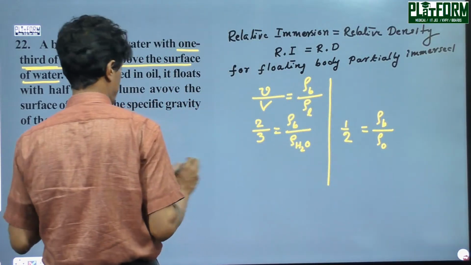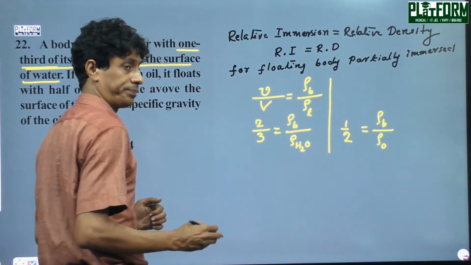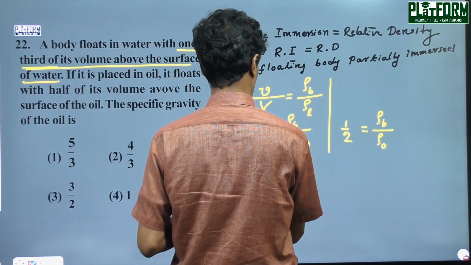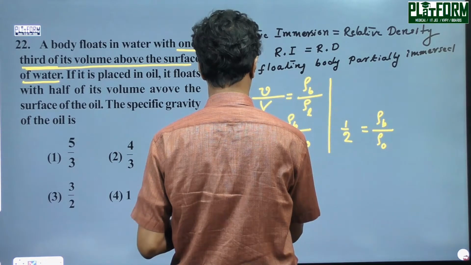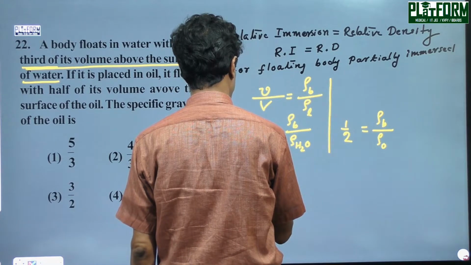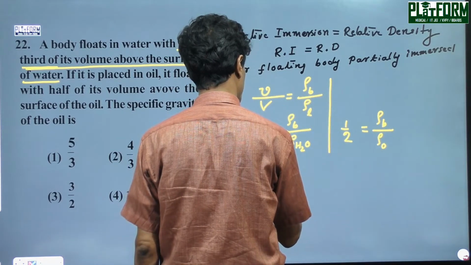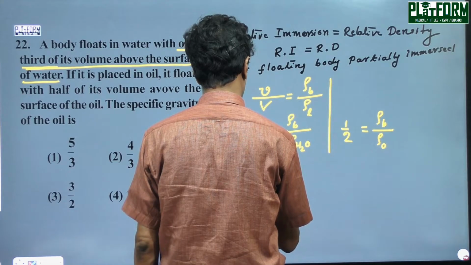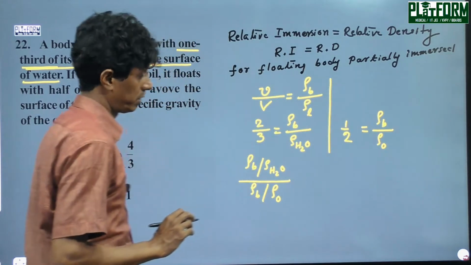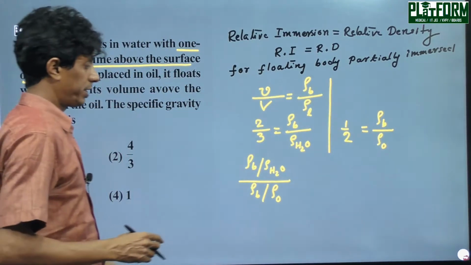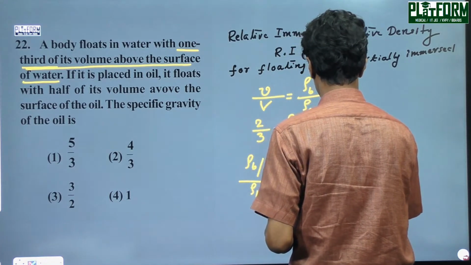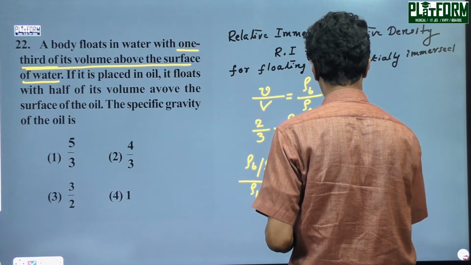So from these two equations, rho B by rho water, rho B by density of the given liquid rho L, it is equal to, we can write here, 2/3 by half.